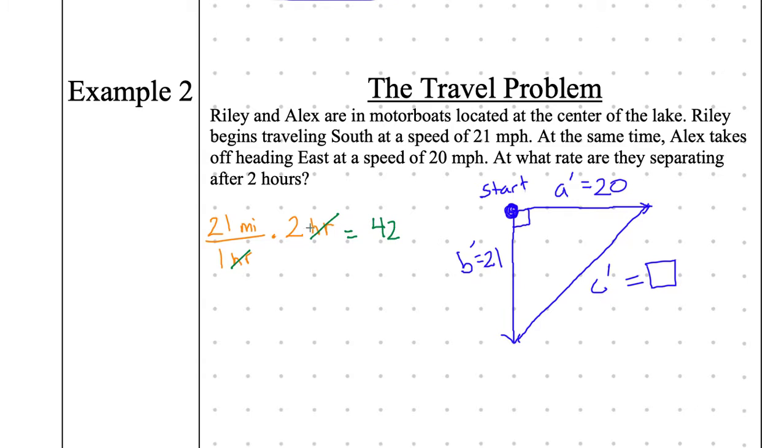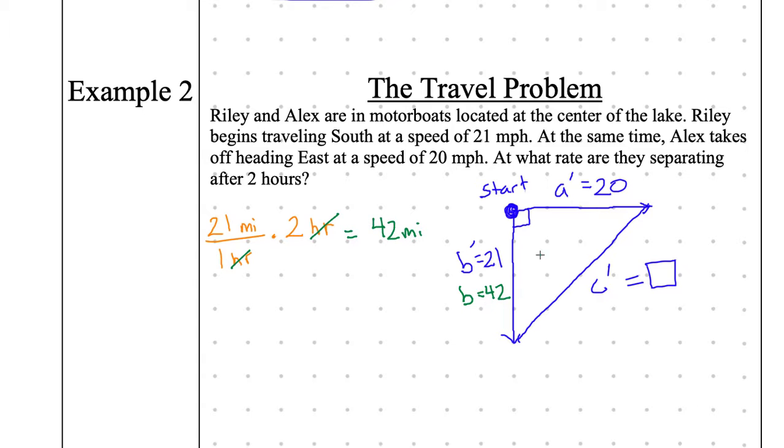What is the remaining unit? Hours were canceled off, so miles. That's how multiplying works. So I get 42 miles, which means B is 42.